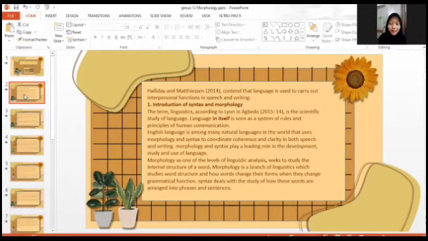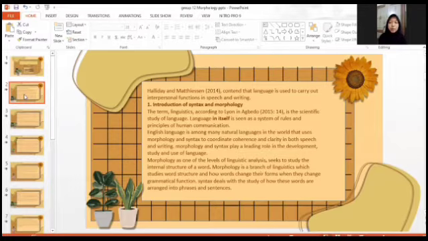Okay, thank you Farhana. So, I'm going to tell you the first material about the introduction of syntax and morphology. According to Halliday and Matthiessen, language is used to carry out interpersonal functions in speech and writing.